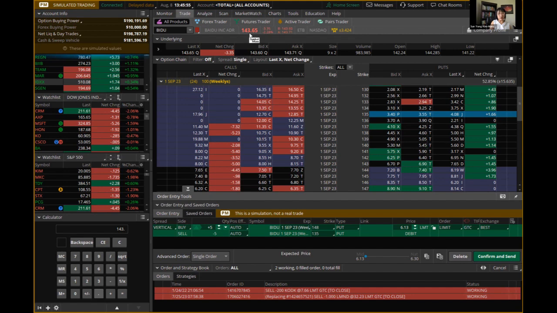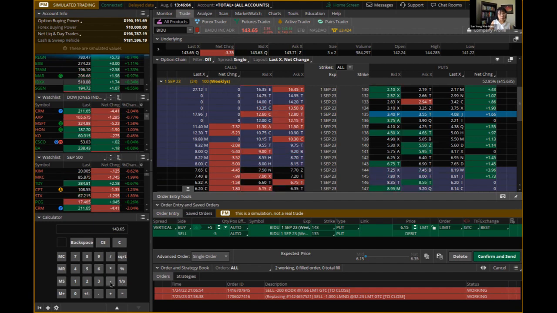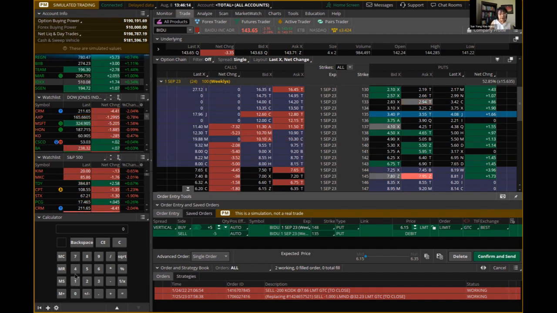This number is going to always change because the market is open right now. And it's good to set up your trade when the market is open and there's movement. 143.65 minus 141.87. I'm just showing you, you could use everything in this platform.